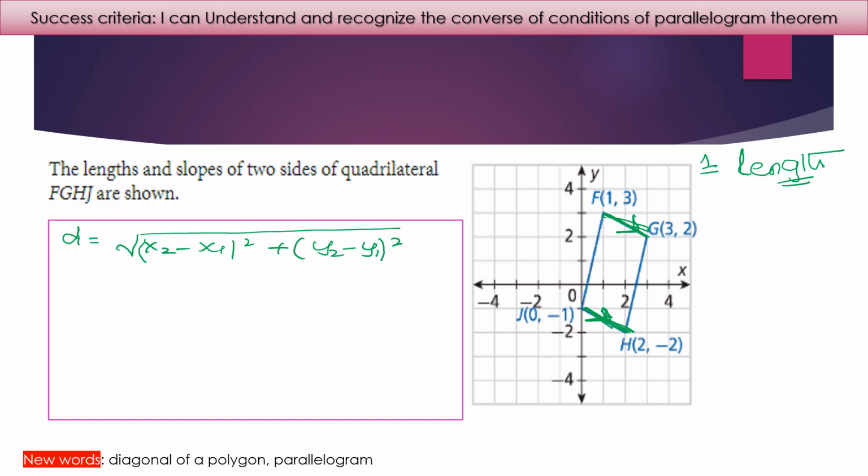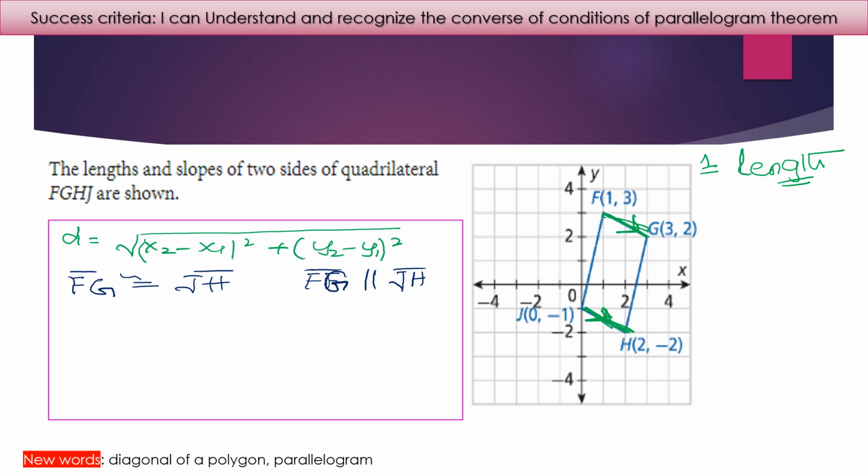Now step by step, let's go. I want to show that FG is congruent to JH. I can see with my naked eyes that FG is parallel to JH, but whether it is congruent or not, let's check. Now what is FG?